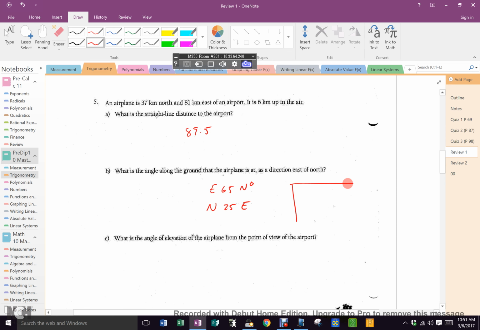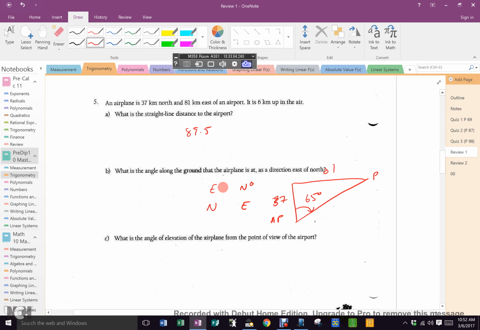Because of this. There's the airport. There's the plane. You needed this angle here. You found that to be 65. So you started, it's the other way around, sorry.